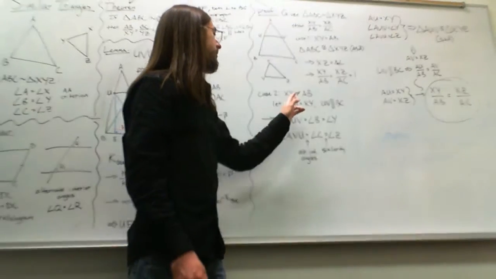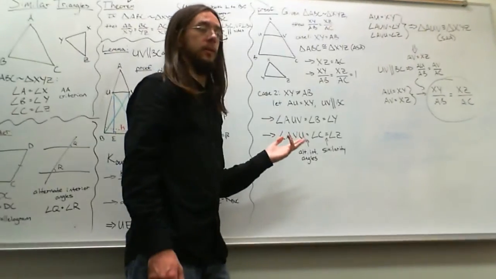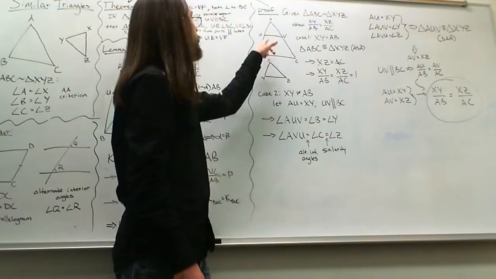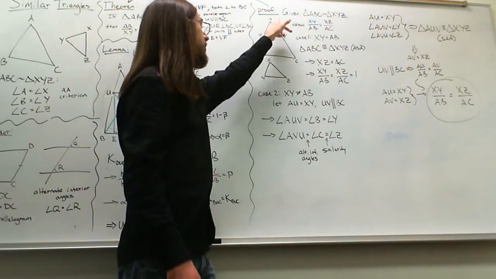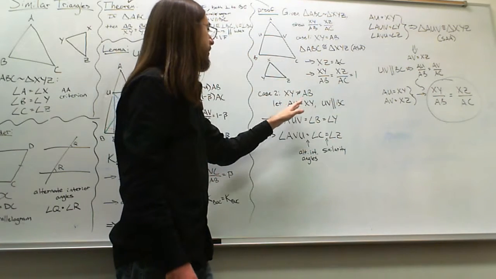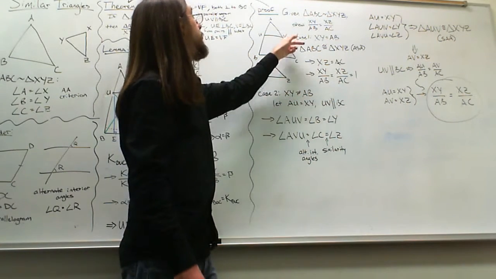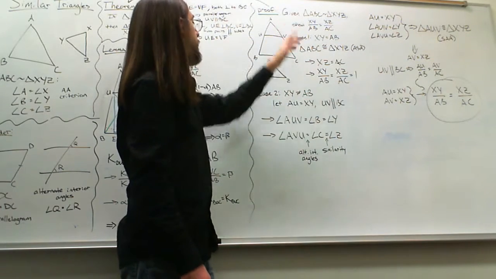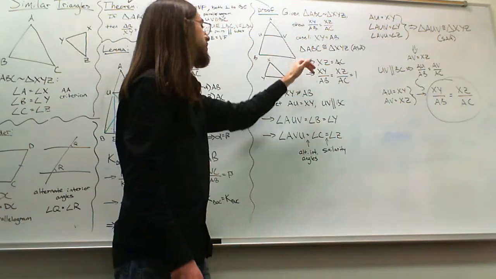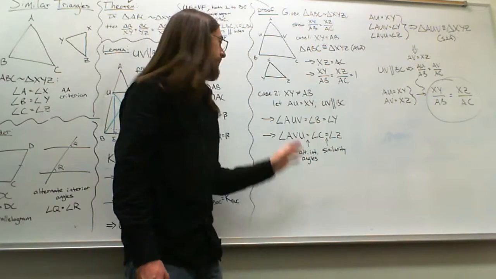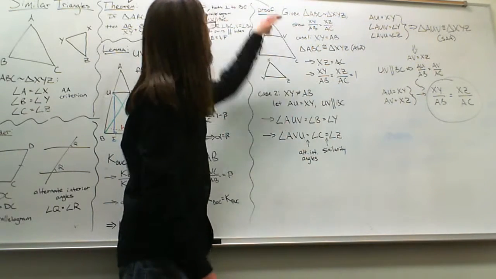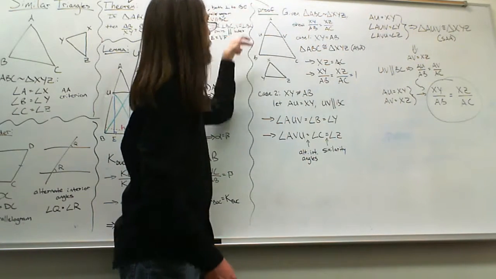Second case, let's say that XY is not equal to AB. Well, then let's choose a point U on AB so that AU is equal to XY. And let's pick a point V on AC so that UV is parallel to BC. Okay, so we have angle AUV and angle B here.